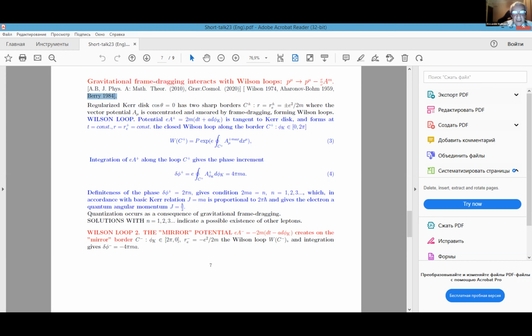The boundary of the Kerr disk has two sharp boundaries. The two-sheeted disk has two sharp boundaries where the vector potential is concentrated and smeared by frame dragging, forming a Wilson loop.